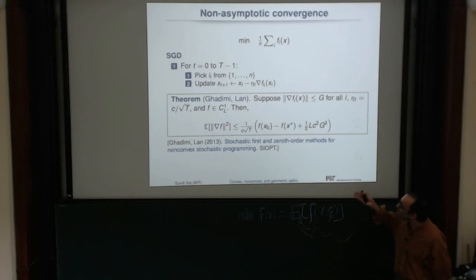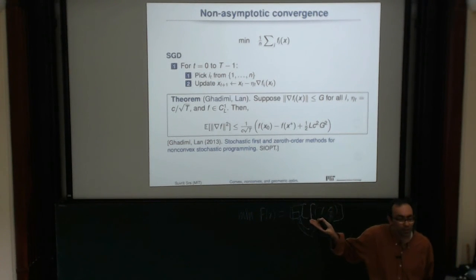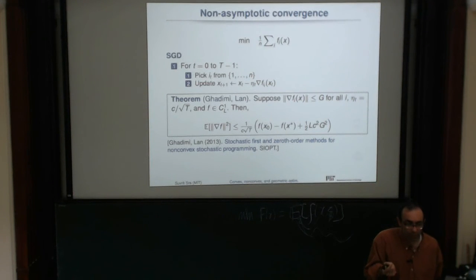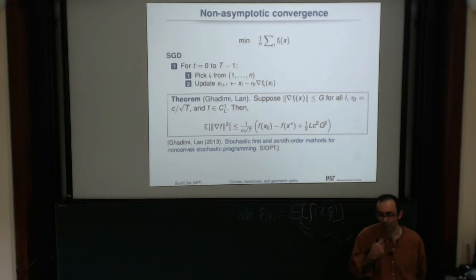Essentially like the subgradient method, to get to an epsilon accurate solution, which means a solution where in expectation the norm of the gradient squared is less than or equal to epsilon, you need O of 1 by epsilon squared steps. So this is analysis of essentially stochastic gradient methods, non-asymptotic convergence for non-convex problems. It's quite impressive.